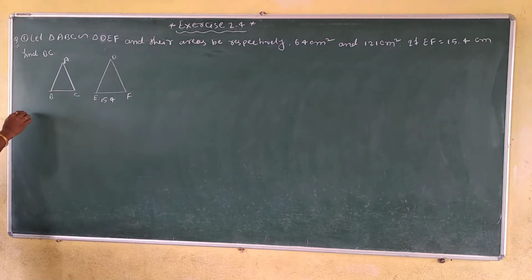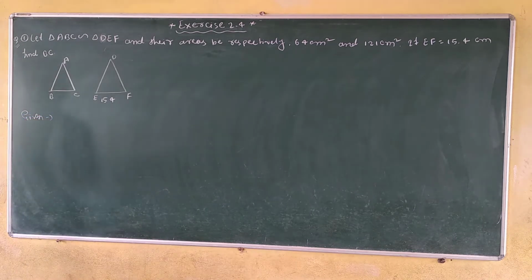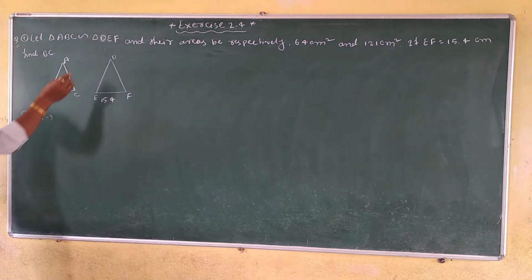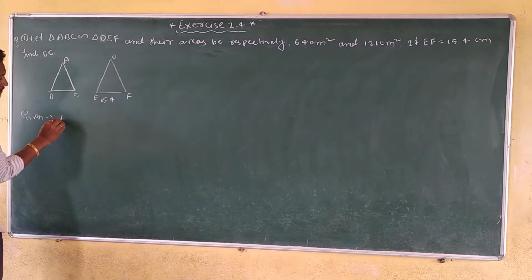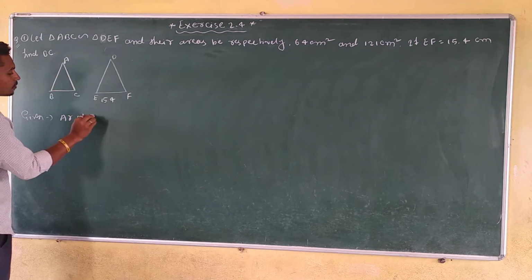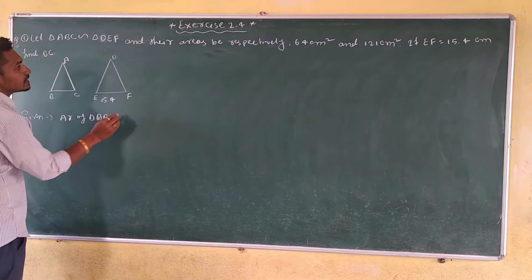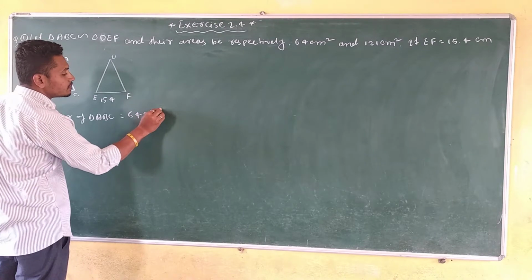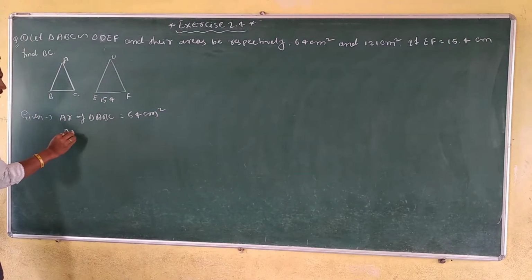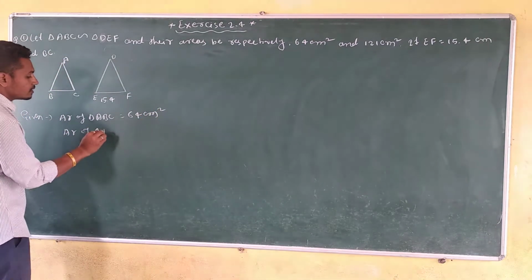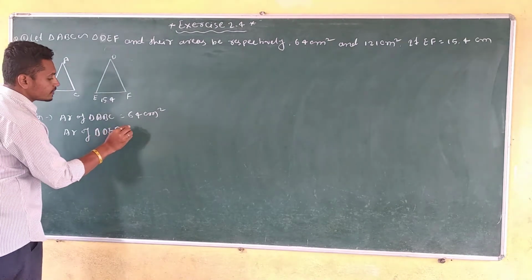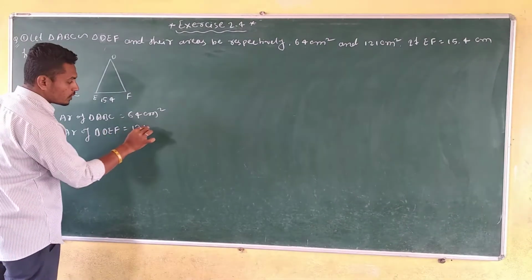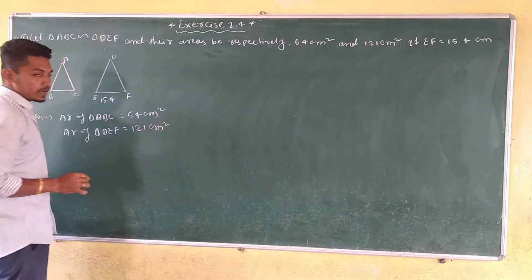Now see here the given data. What is given here? The area of triangle ABC is 64 centimeters square and the area of triangle DEF is equal to 121 centimeters square.